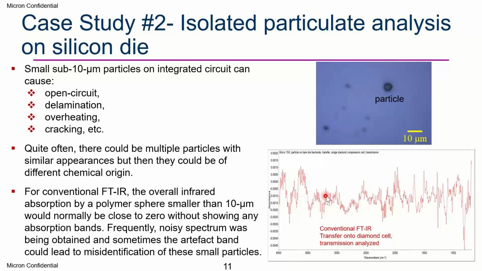This artifact band, if you further smooth the spectrum, may lead you to think that it is some material matching the database. But actually it really is noise, because when you smooth the spectrum, you go in the wrong direction of the troubleshooting. So this is undesirable data.